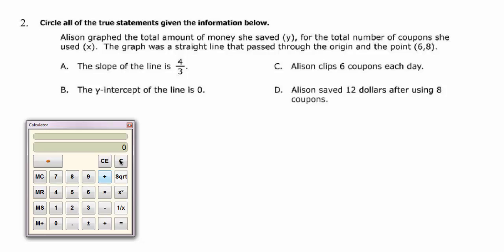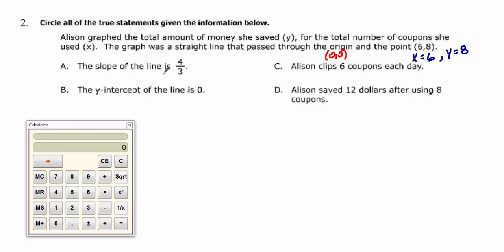All right, here's our last set. So Allison graphed the amount of money she saved y for the total number of coupons she used x. The graph is a straight line that passes through the origin, 0, 0, and the point 6, 8. So in the point 6, 8, x is equal to 6, y is equal to 8.